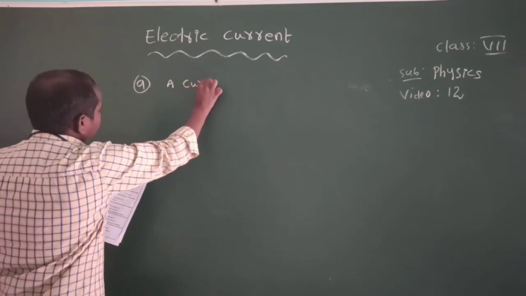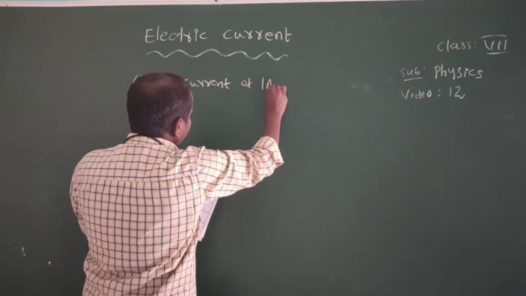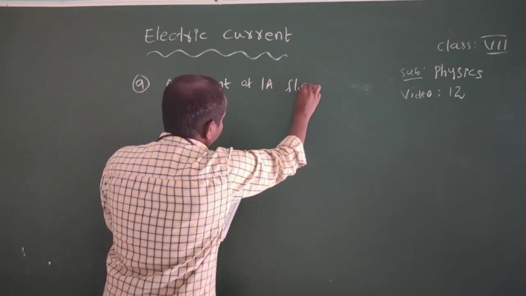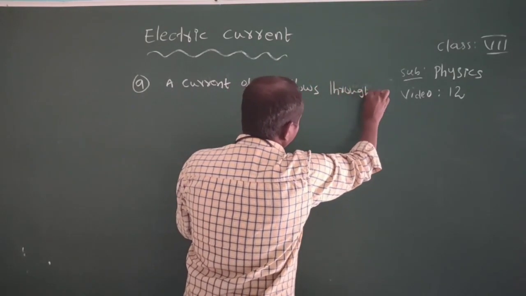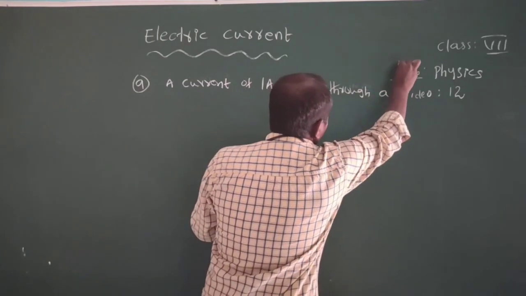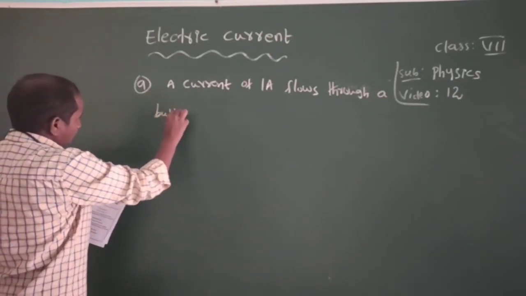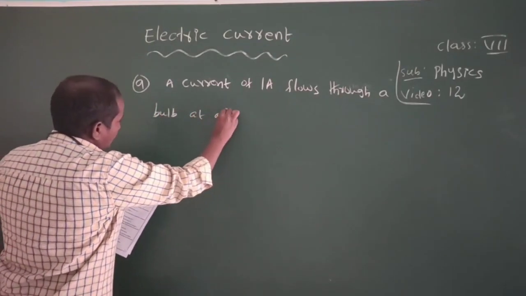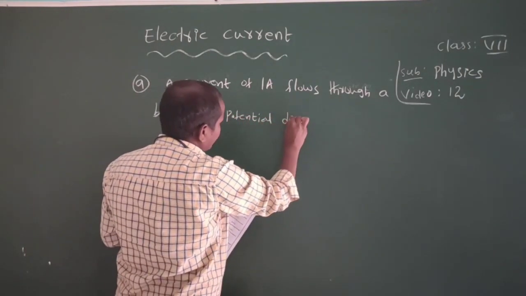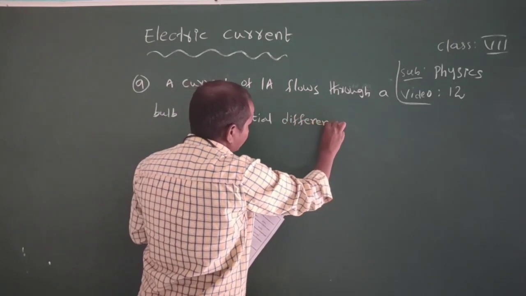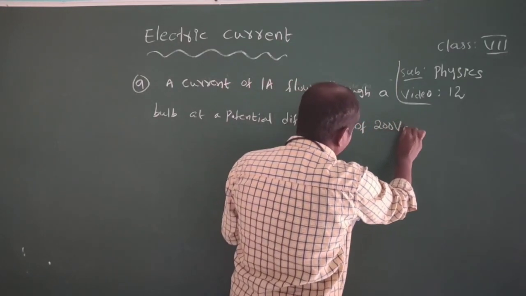A current of 1 ampere flows through a bulb at a potential difference of 200 volt.